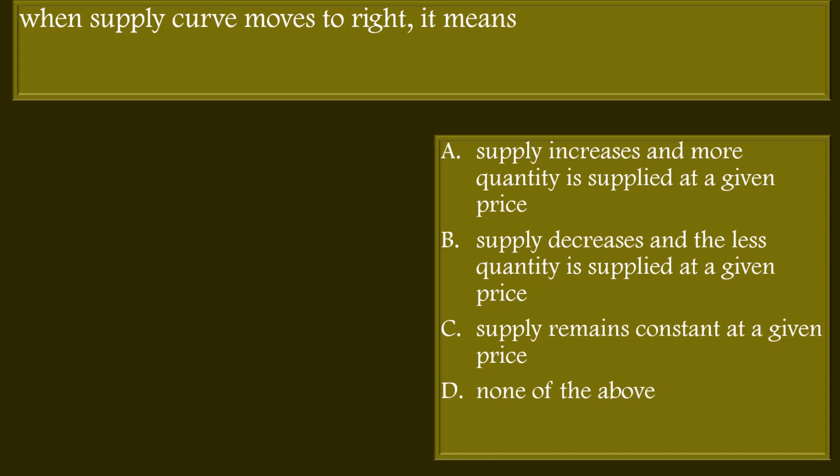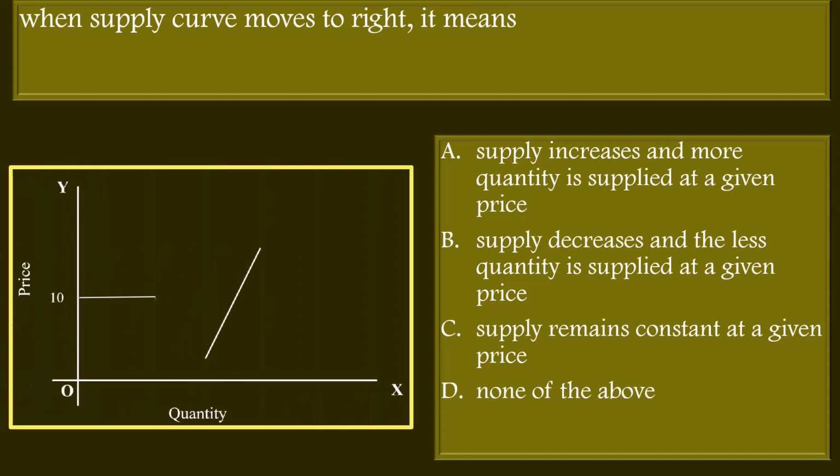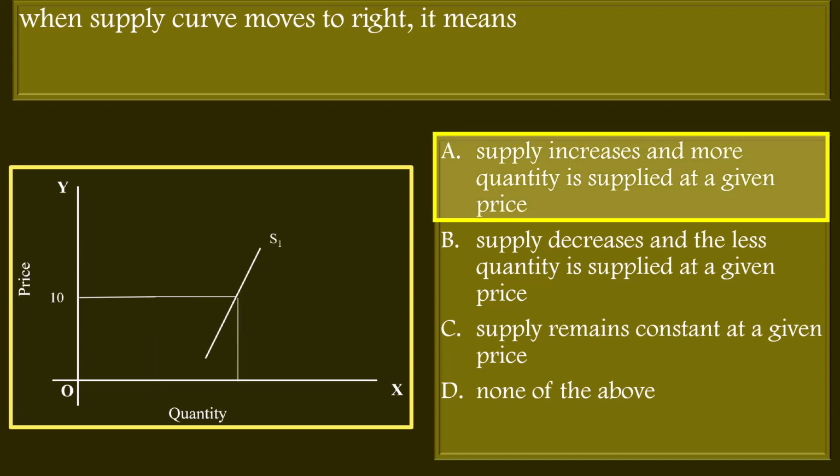C. Supply remains constant at a given price. D. None of the above. The supply curve moves to the right, which means an increase in supply. Option A. Supply increases and more quantity is supplied at a given price is the right answer.